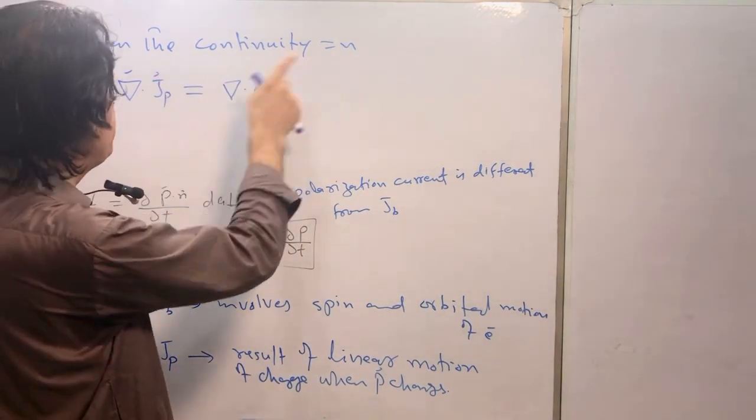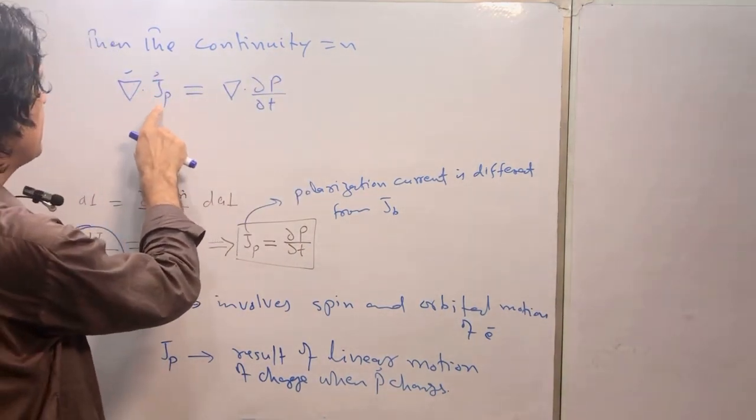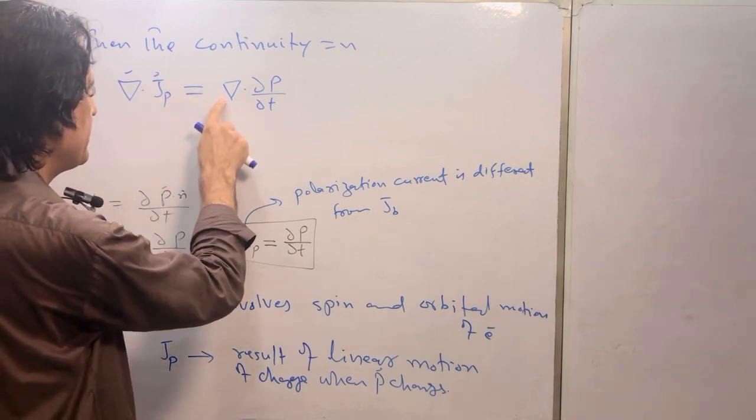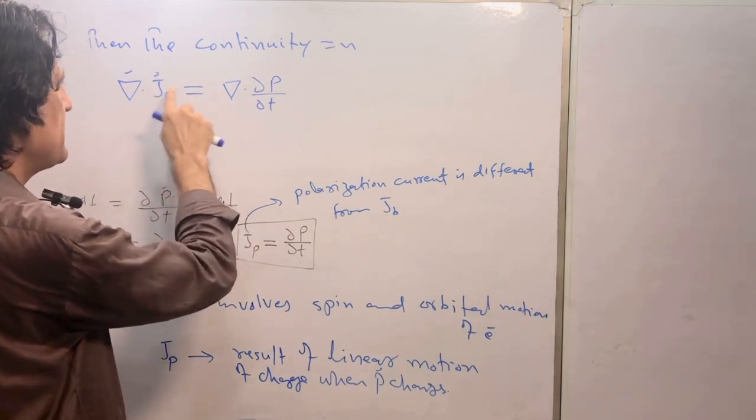The continuity equation gives del dot Jp, which is equal to del dot of partial P over partial t, putting in the value of Jp.